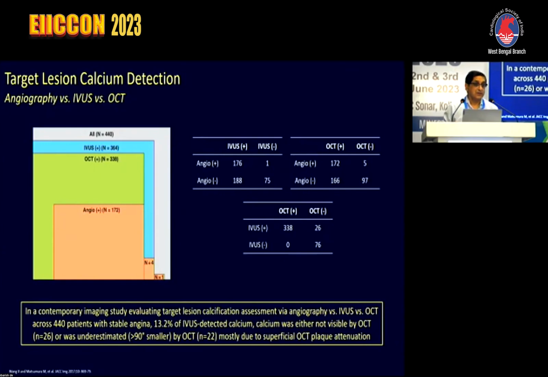So this is an important thing. There are some images in OCT, and we have faced this, where you think, what is this image? What am I looking at?